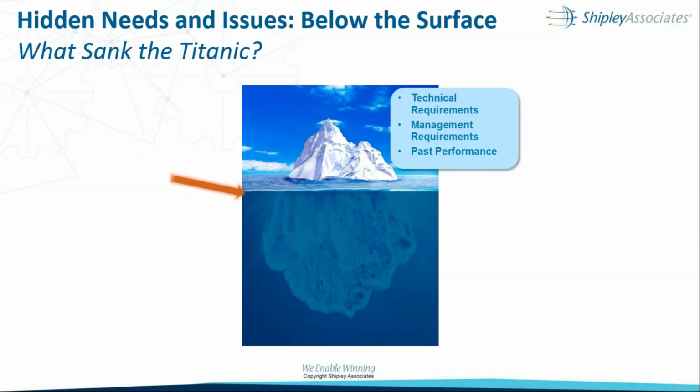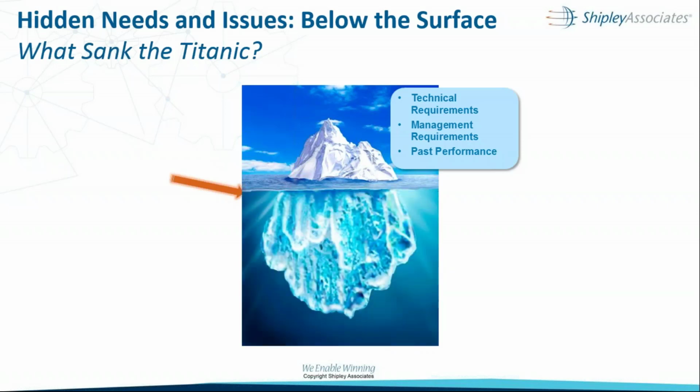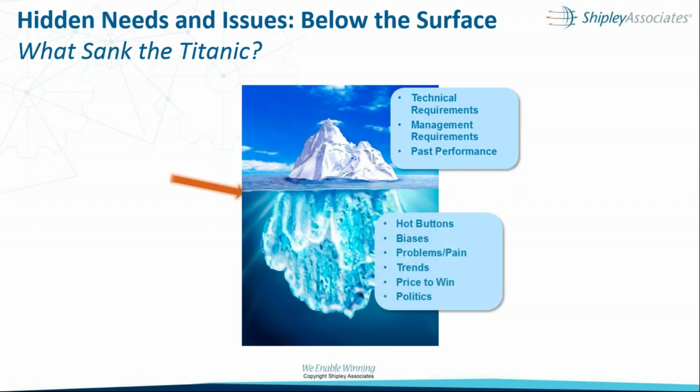The stuff that everybody can see is technical requirements, management requirements, past performance, whatever is stated in the RFP. But really, the danger lies on what is not in the RFP, and understanding that there are those issues and motivators and so on, and left without understanding, it really reduces your probability of winning.